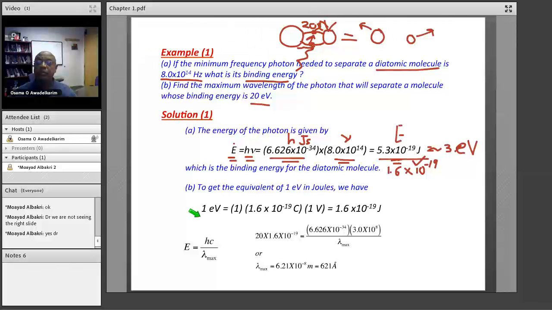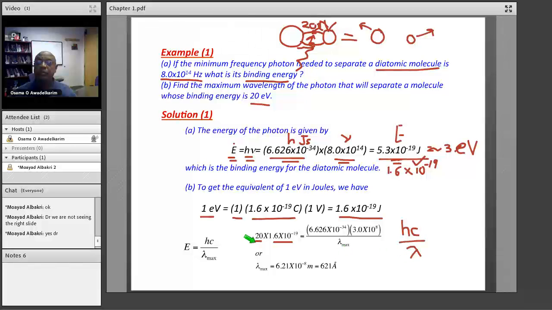So 1 electron volt is equal to 1.6 times 10 to minus 19 joule. So 20 electron volts times 1.6 times 10 to minus 19 is equal to, remember, the energy of the photon, hc over lambda, with lambda in the denominator.